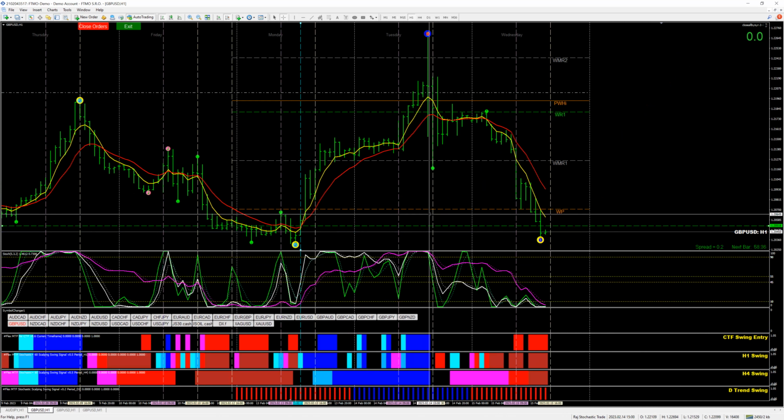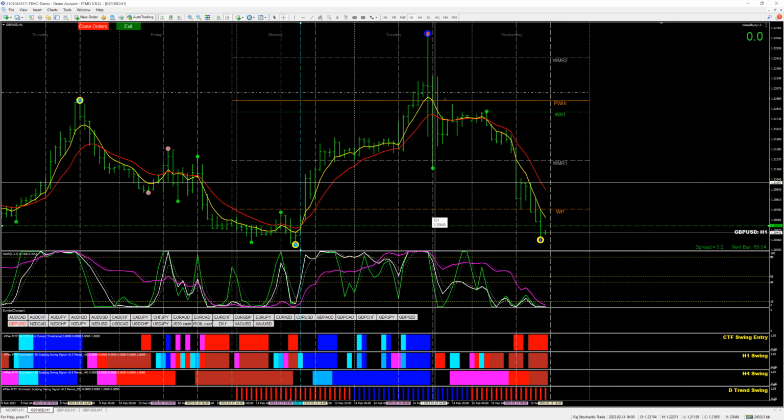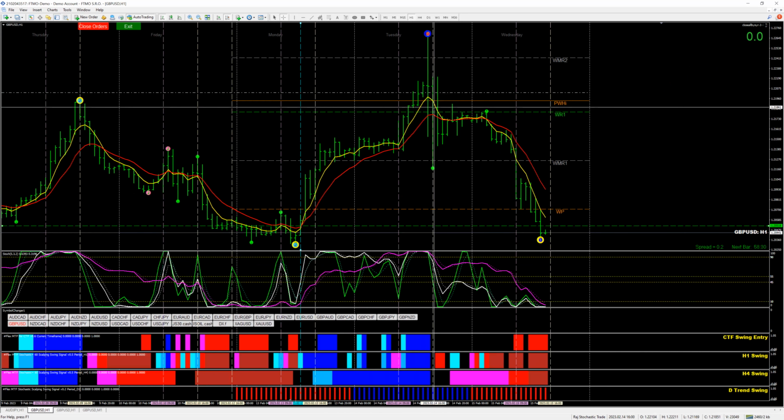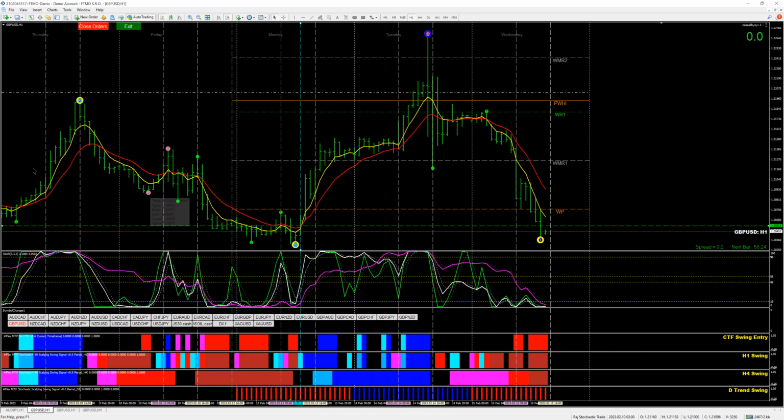And the 4 hour swing ends, which happens on this bar. And that gives me 134 pips. So 214 times 114.